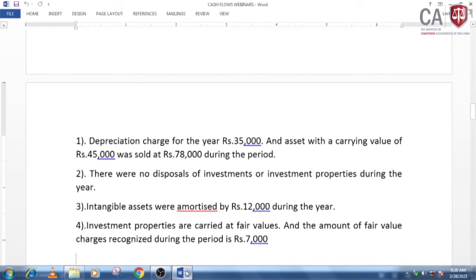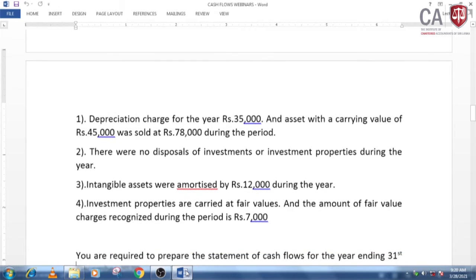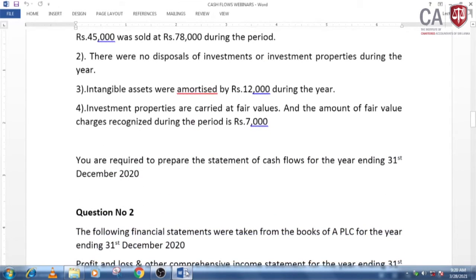Intangible assets were amortized by 12,000 rupees during the year. Investment properties are carried at fair values and the amount of fair value changes recognized during the year is 7,000 rupees. You are required to prepare a cash flow statement for the year ending 31st December 2020 using the indirect method.